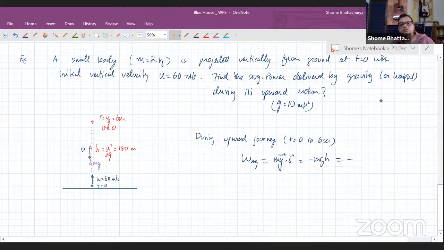That is minus of the mass of the object, which was given to us as 2 kg, times g times h. So minus 3600 joules.